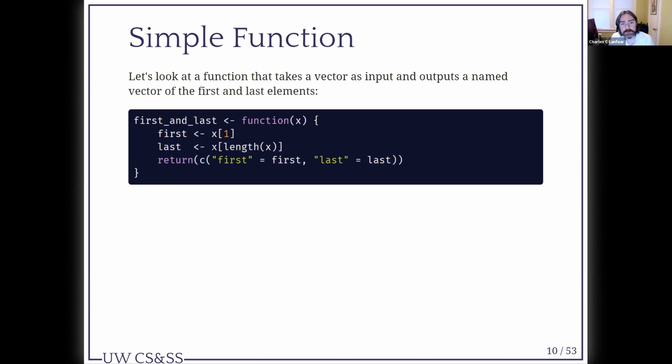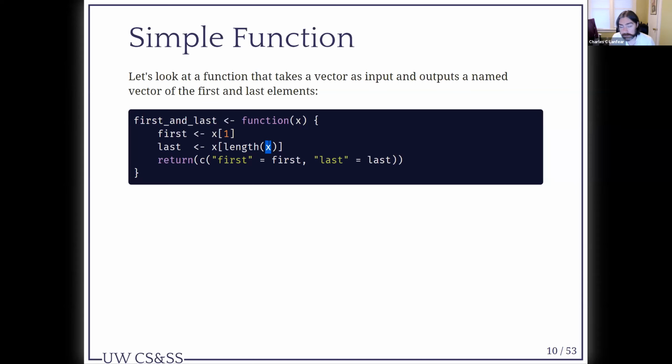Okay, so inside this function, we're going to create an object called first, and assign to that x[1]. Well, where does x come from? The answer is x is whatever our input to the function is. So if I give something to this function first and last, it's just going to replace x everywhere inside of the function.